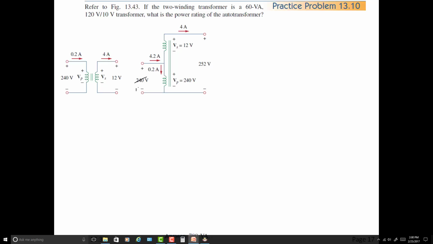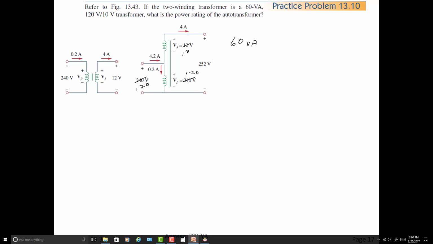So this is 120 and 10, 120 down here, and so we know our windings ratio, if we need that. And the transformer is 60 volt amps.